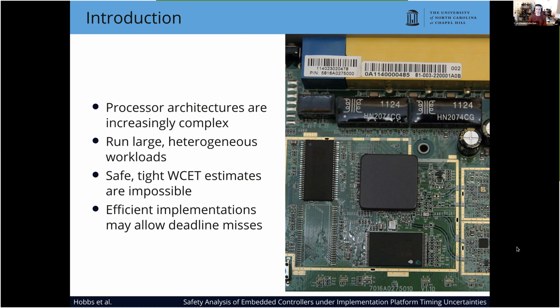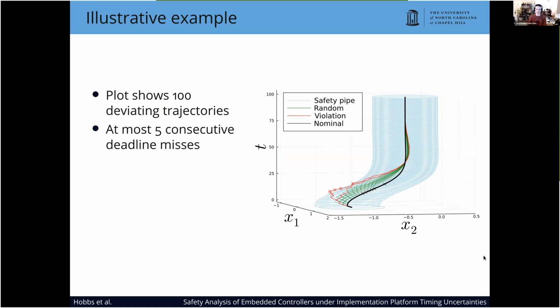To view the effects of this on control systems, consider the example at right. This is a two-dimensional dynamical system with the state variables on the horizontal axes and time on the vertical axis. The nominal trajectory showing the controller operating as intended is shown in black, and a safety pipe is drawn around it in blue.